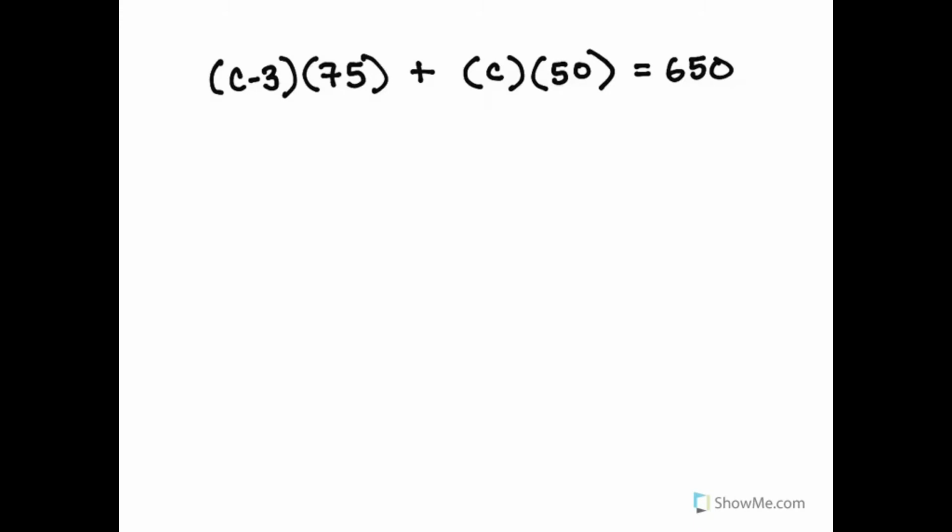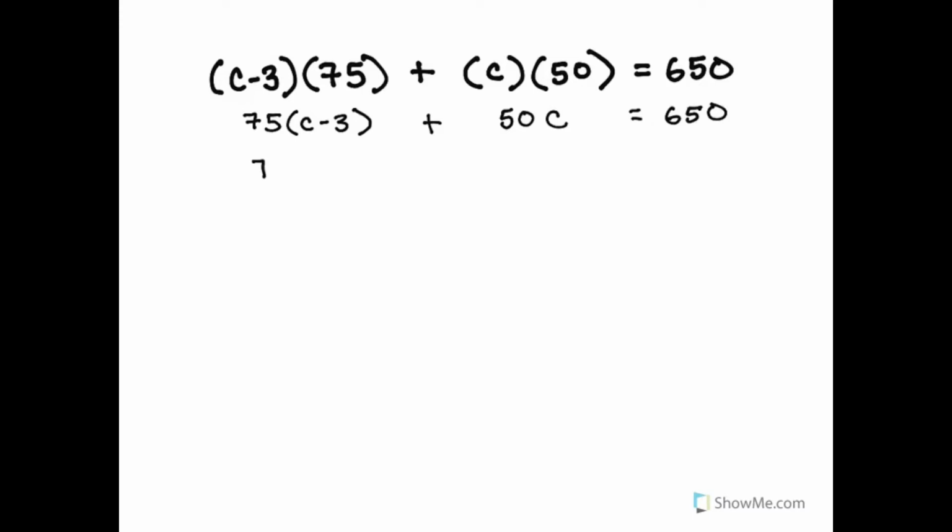Let's solve the equation we found: (C minus 3) times 75 plus C times 50 equals 650. We'll begin by simplifying. We have 75 times (C minus 3) plus 50 times C equals 650.